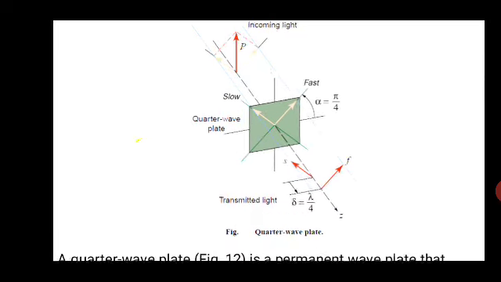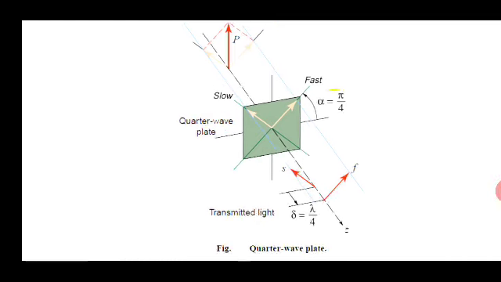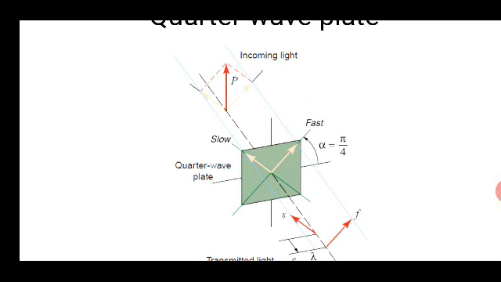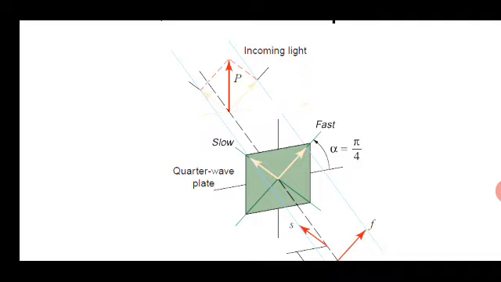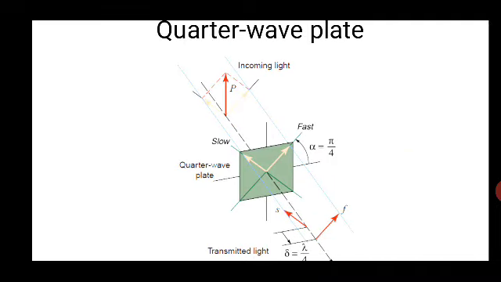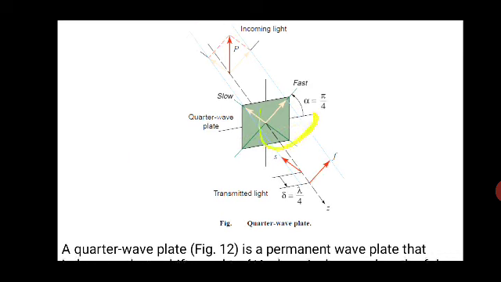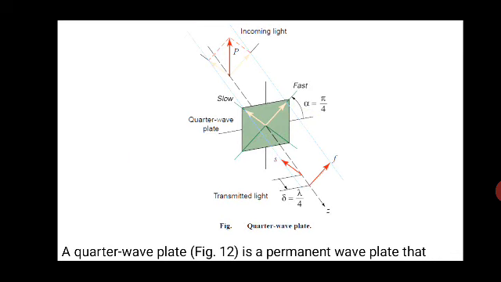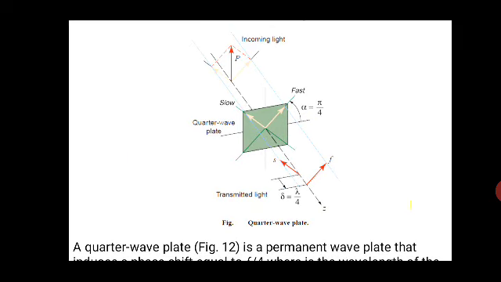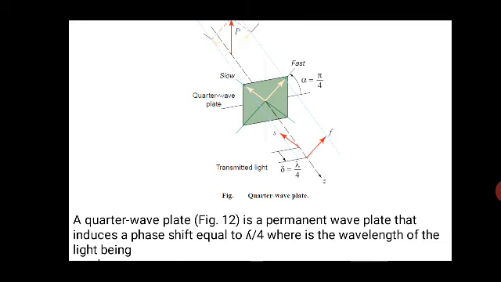In the figure you can observe the light moving along the parallel direction of the plane, that is the quarter wave plate, and the incoming source of light is here. Whenever this incoming light is made to pass through the wave plate, it will be distributed with a delta of lambda by 4, that is a quarter wave plate.